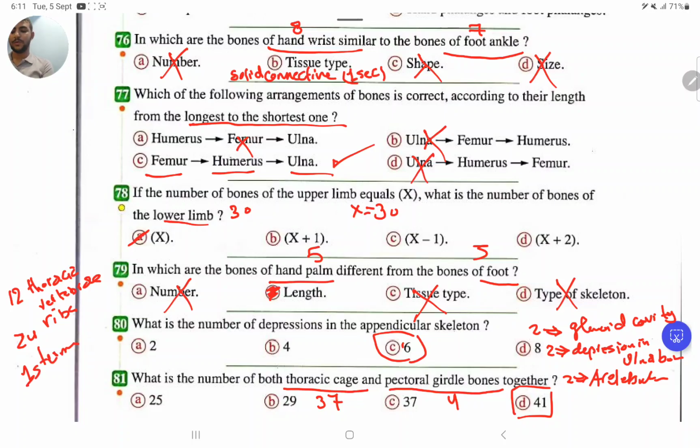I need you to add them up. So what is the count here? 12 plus 24 plus 1 is 37. So that is the total count. That is why I told you it is 37 in the thoracic cage. Clear, guys? I hope so.